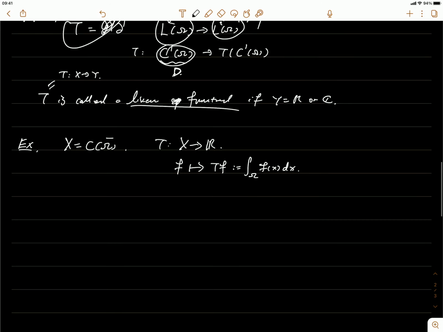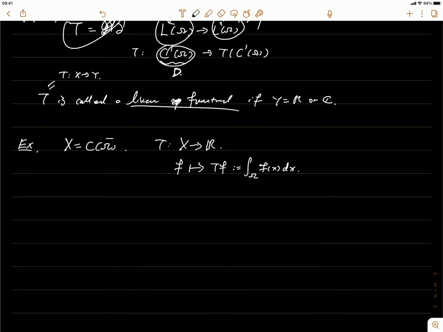Now you can see that for any f, it is mapped to a number on the right side. So T is a linear functional, and this linearity is obvious. It's a linear operator, but it maps to R here, so that's why it's called a linear functional.